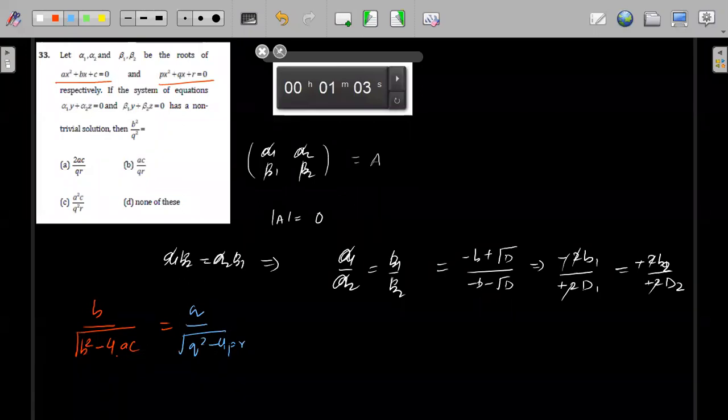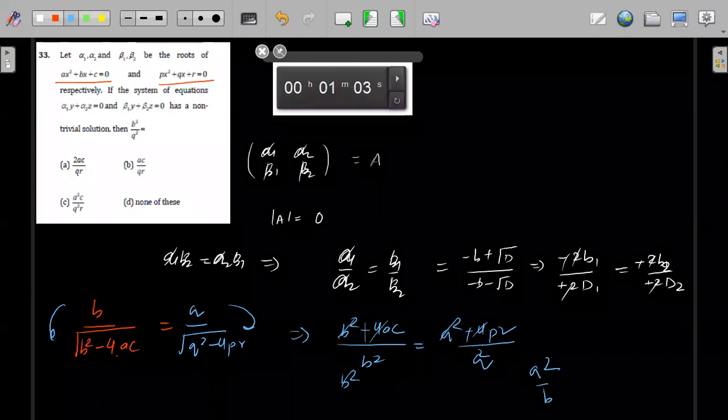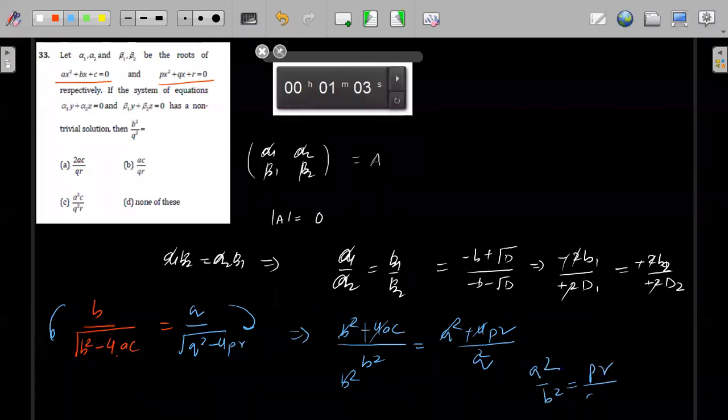To take away the root, I can square both sides. I can also take the reciprocal. So this becomes b square minus 4ac by b square is equal to q square minus 4pr by q square. The 1 will get cancelled, so this becomes 4ac by b square equals 4pr by q square. So q square by b square is equal to pr by ac.